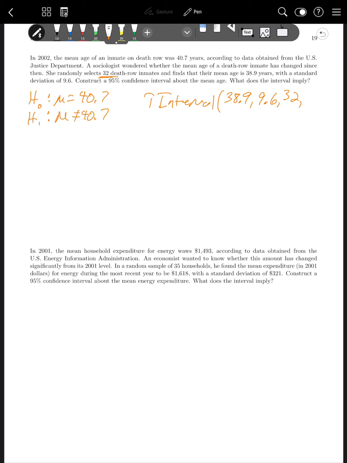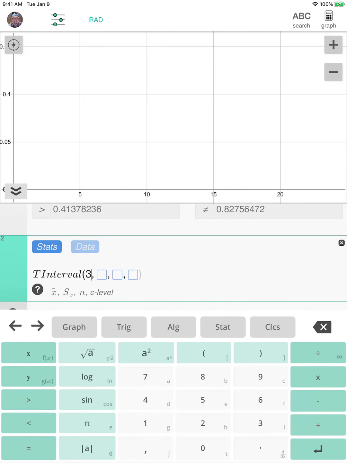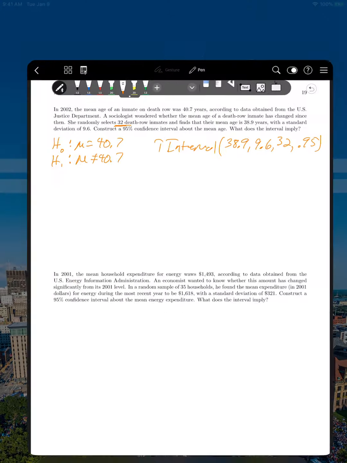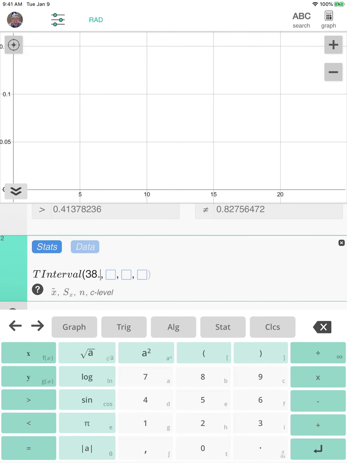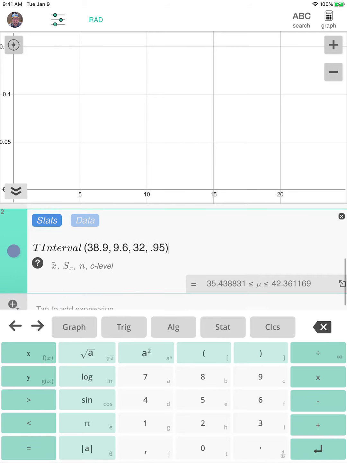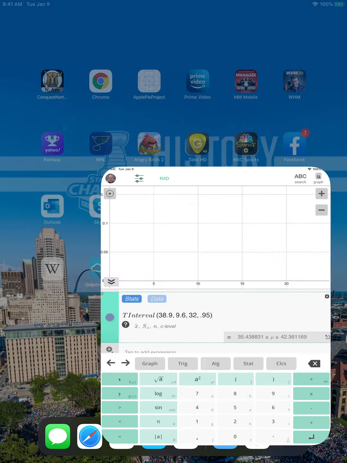And our confidence level is 0.95. So 38.9, 9.6, 32, 0.95. And we can see that we get a confidence interval of 35.4 to 42.4.